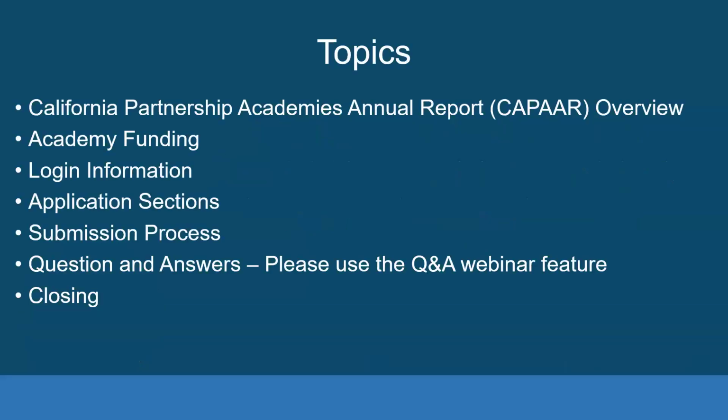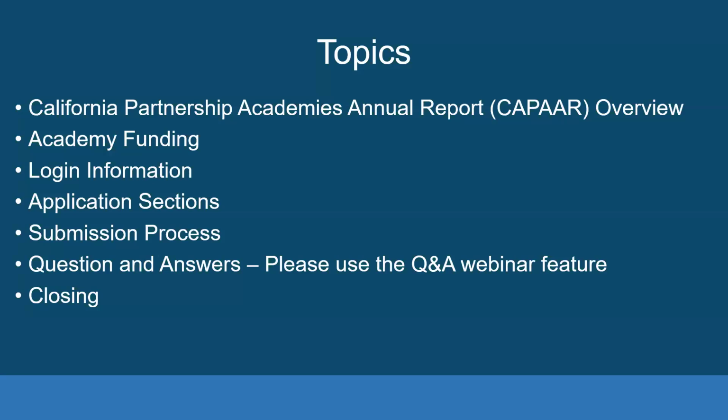So, all right, without further ado, let's go ahead and dive into our webinar here. Today we're going to be covering the CAPAAR report. We'll be doing a big overview of the different pieces. We'll talk about how your academy is funded. We will cover how to log into the system and how to update contacts for your academy so that everyone has access. We'll go through each section of the application one by one and walk you through them.